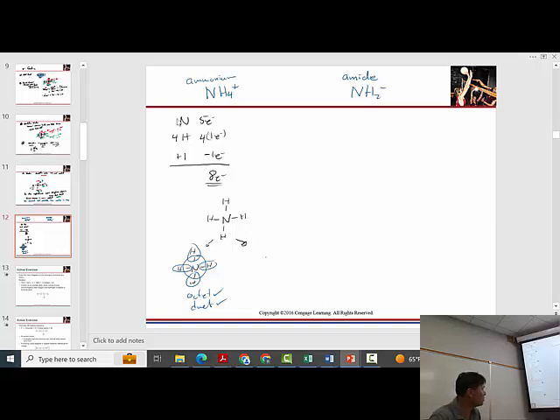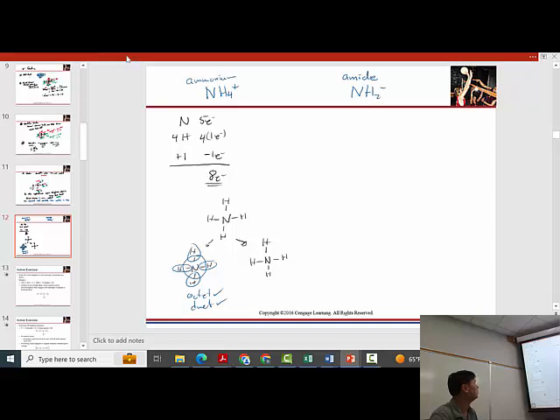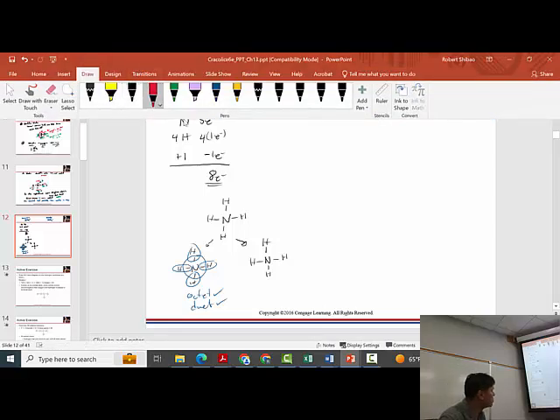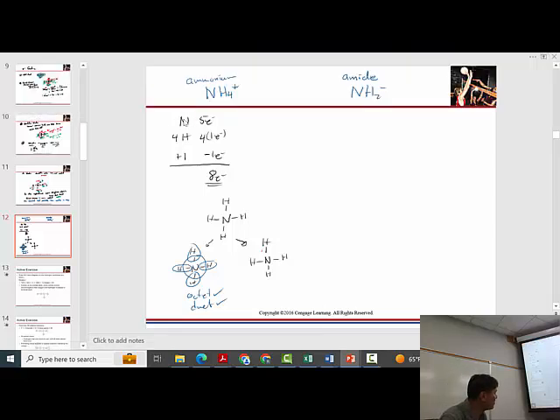So when we look at the formal charge, what I'm going to do is split the bonding electrons in half. Not the electrons themselves, but the pair. Split it into singles. And so what that means is I'm going to slice the bonds in half here.